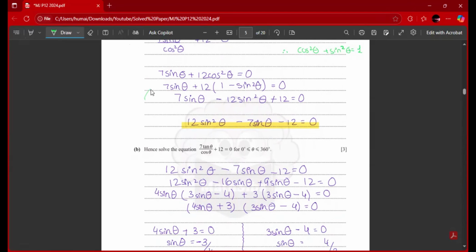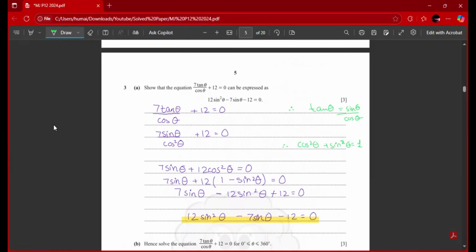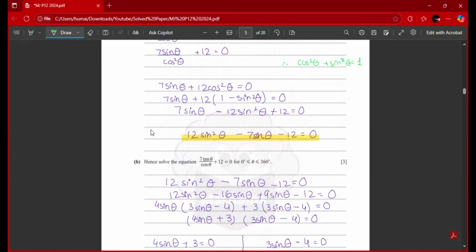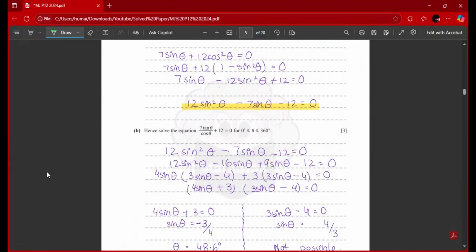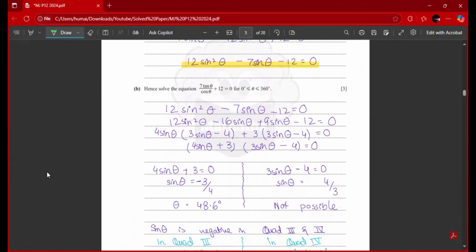Solving it further, simplification, and we do get the equation as it was. So what did I do here? This is plus, this is minus, and this is plus. So we're just going to multiply the whole equation with a negative 1. That's the reason these plus signs are changing into negative and the negative signs are changing into positive.